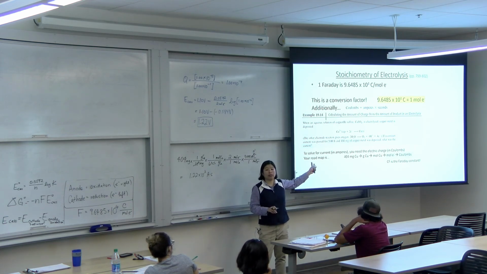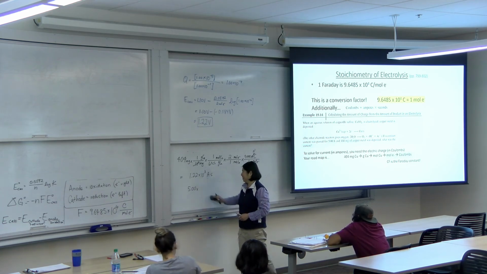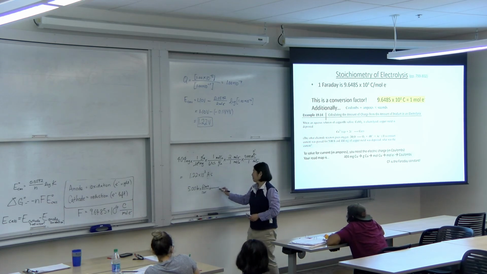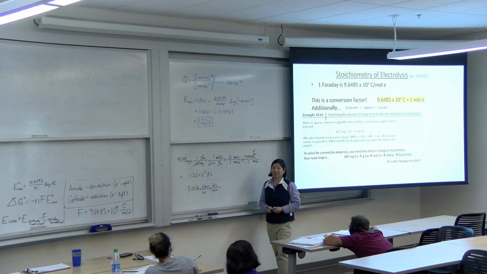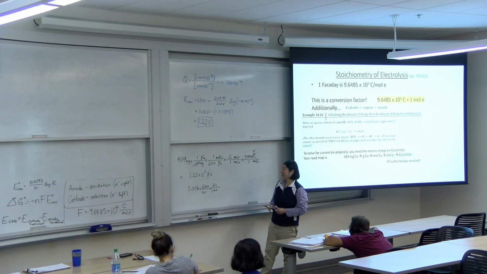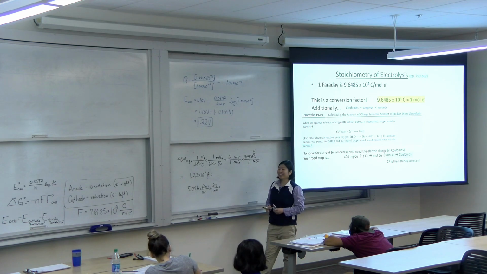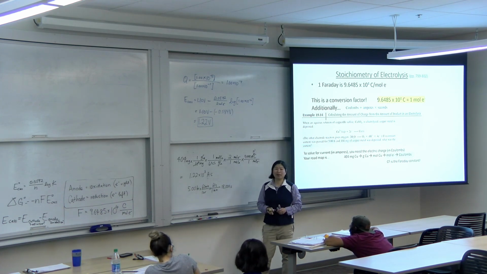How long are we doing this reaction for? 5 hours. 5 hours is really how many seconds? 5 times 6 is 30. 30 times 6 is... Are we close?